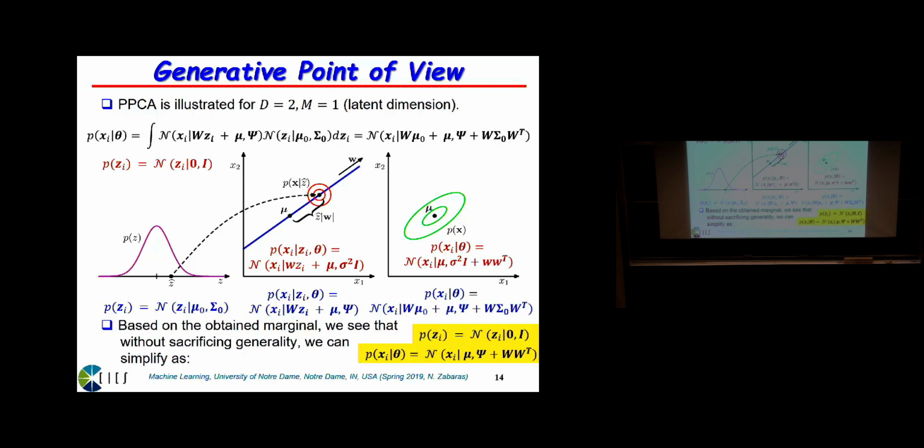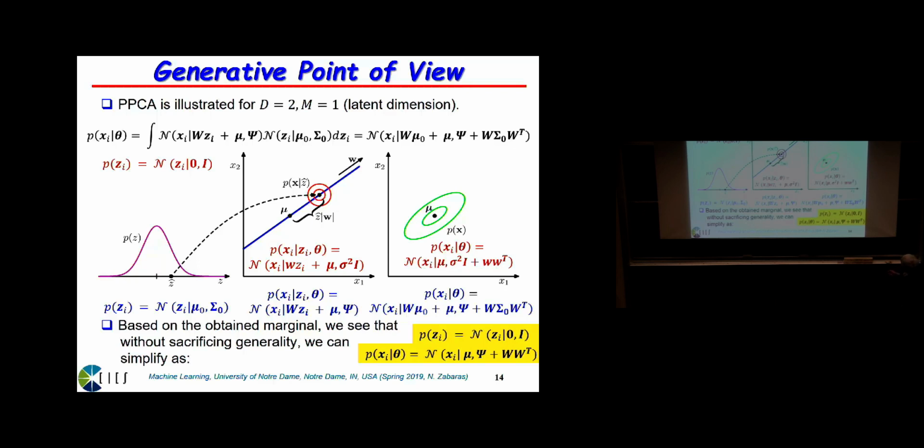Now, if you take this prior Gaussian that we have for Z, and you take this generative model and you integrate Z out, then effectively what you get is a distribution for x that looks like this. All right, so it has a mean mu, okay, and you can see actually the equation here. This is the most general case.